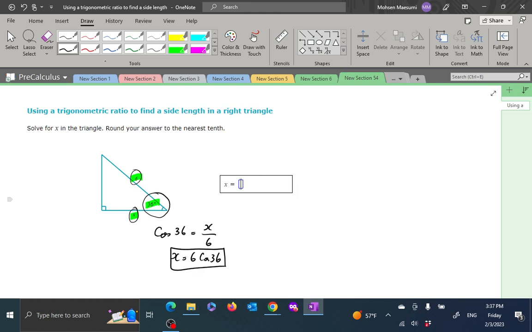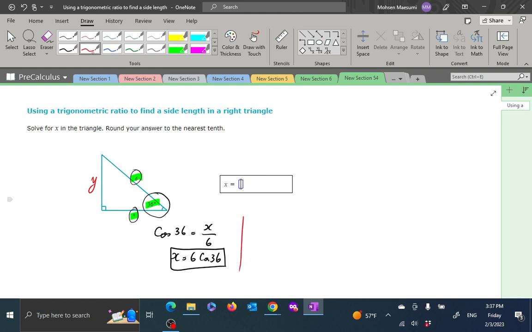This is a kind of relationship that you want to be automatic about. That is, hypotenuse times cosine gives us the adjacent. Hypotenuse times the cosine gives the adjacent of the angle. What if the question was, what is y?